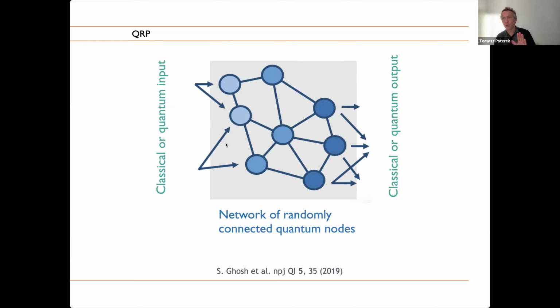There will be some interaction, these are these arrows here, between the input and this number of qubits. This will make this network evolve to some new state that we will measure. And finally, we will get some classical or quantum output. So that's the bird's-eye view of the whole protocol.